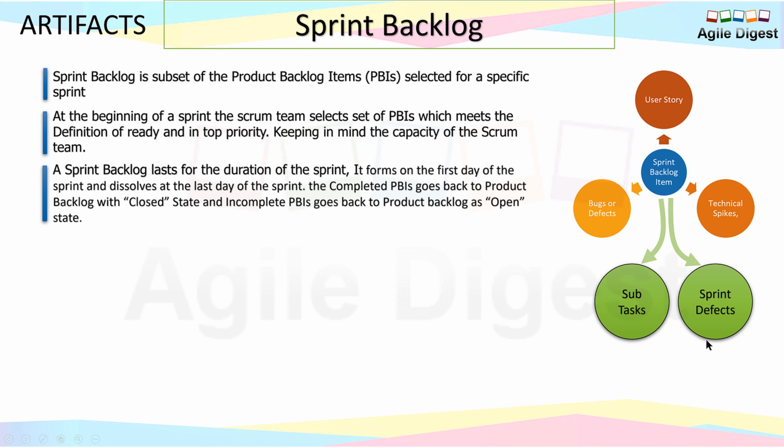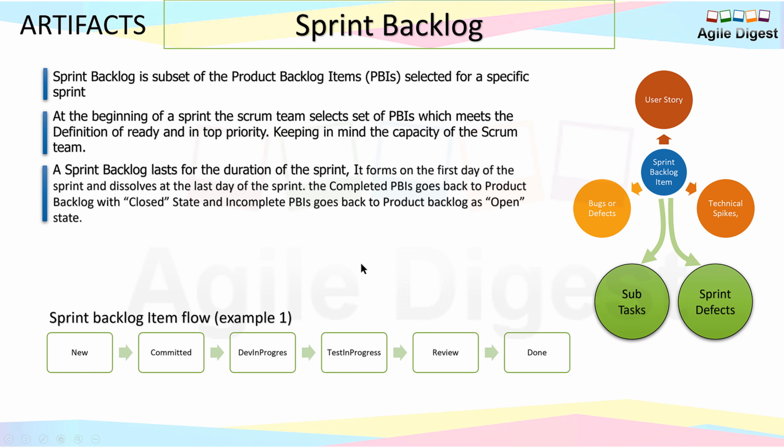In Rally, they call them bugs or defects that you can see as part of each story, but each product backlog item can have a subtask by default in Jira. We can customize to make another sub-child type of any of these sprint backlog items for the purpose of capturing sprint defects.